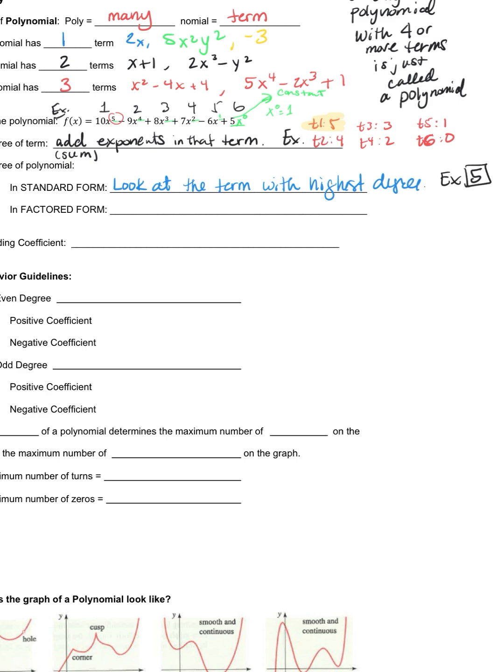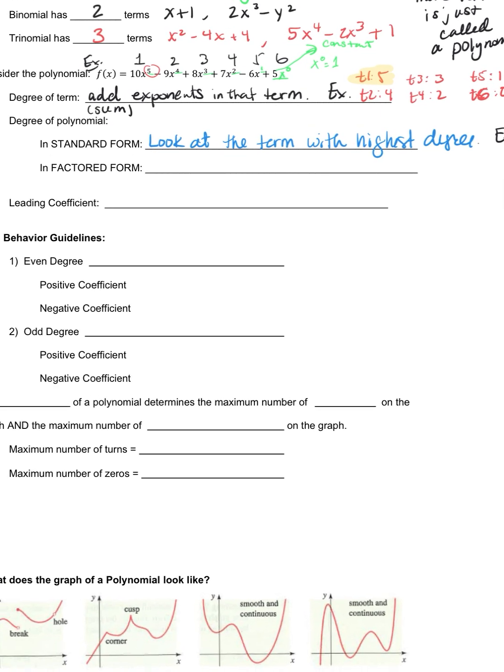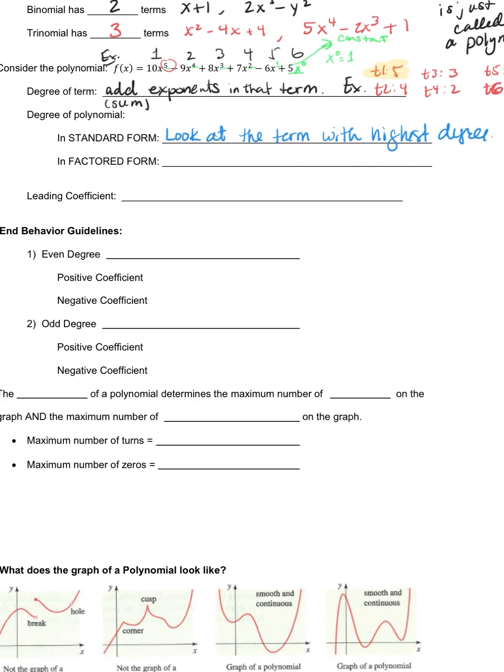Okay. All right. So now I'm going to do factored form. We don't have one up there, so this is a different example for factored form. So for example, I have x squared times (x plus 1) cubed times (x plus 1). For this specific example, it's going to be a little bit different, okay?